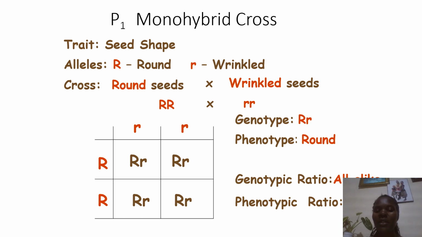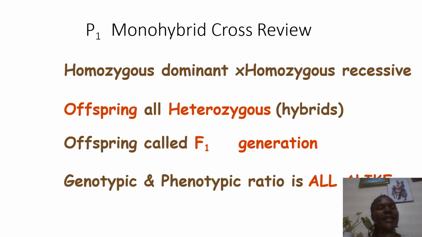So we talk about genotypic ratio, all alike because they are all heterozygous. Phenotypic ratio also all round, or all alike. In that case, we have a monohybrid cross. We are dealing with one trait, and then we have the two alleles, the capital R representing the dominant allele for round, and the small r representing the recessive allele for wrinkled.